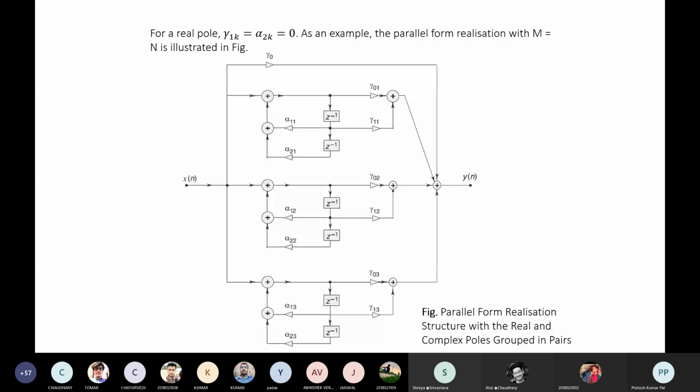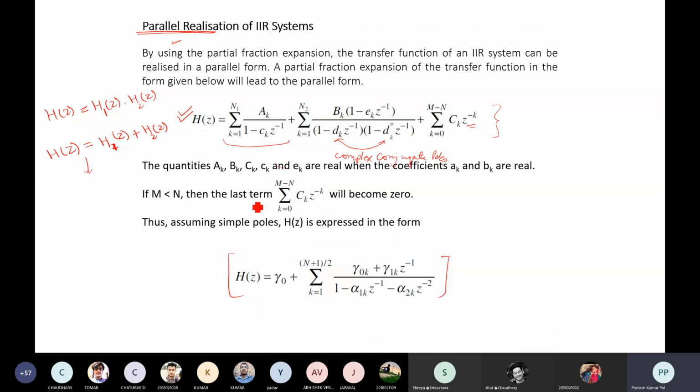So if this is the representation of a parallel realization, then one input will go to two different transfer functions, that is h1 of z plus h2 of z. So the plus sign gives the parallel realization.